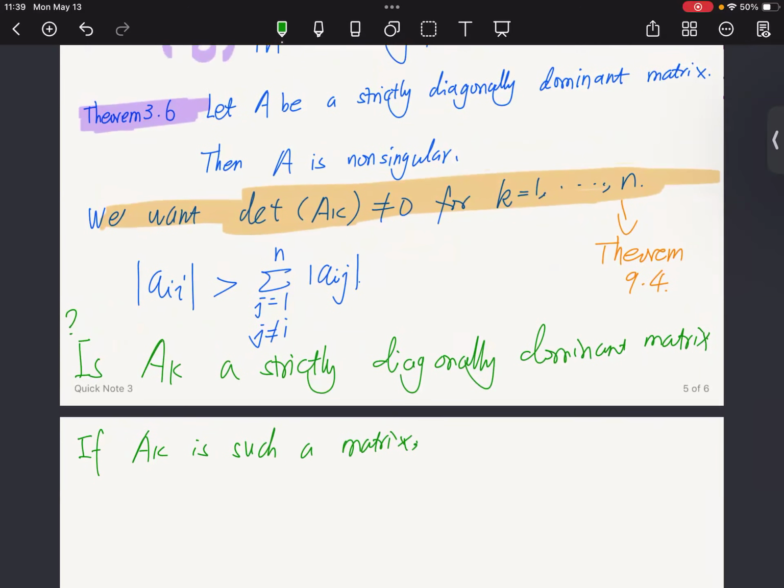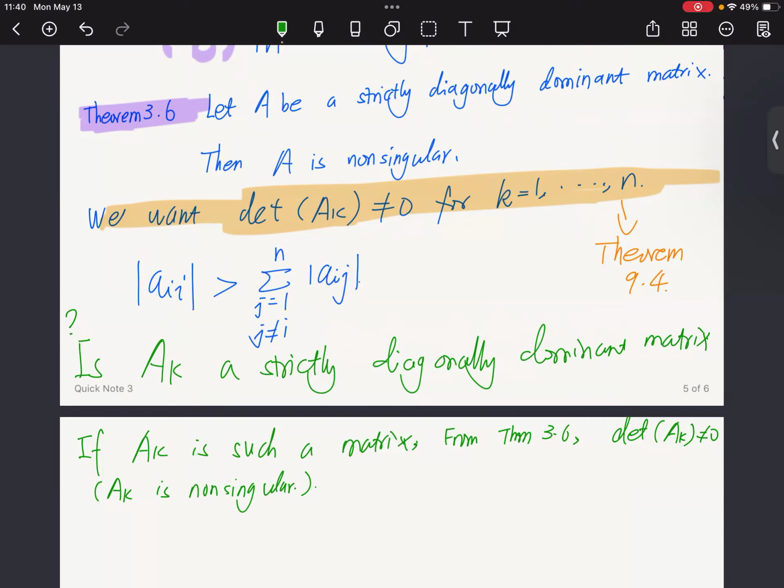From Theorem 3.6, we can say the determinant of A_k does not equal 0, because A_k is non-singular from Theorem 3.6. Does it make sense? If A_k is a strictly diagonally dominant matrix, then from Theorem 3.6, replacing A with A_k, A_k is non-singular. So this is what we want.